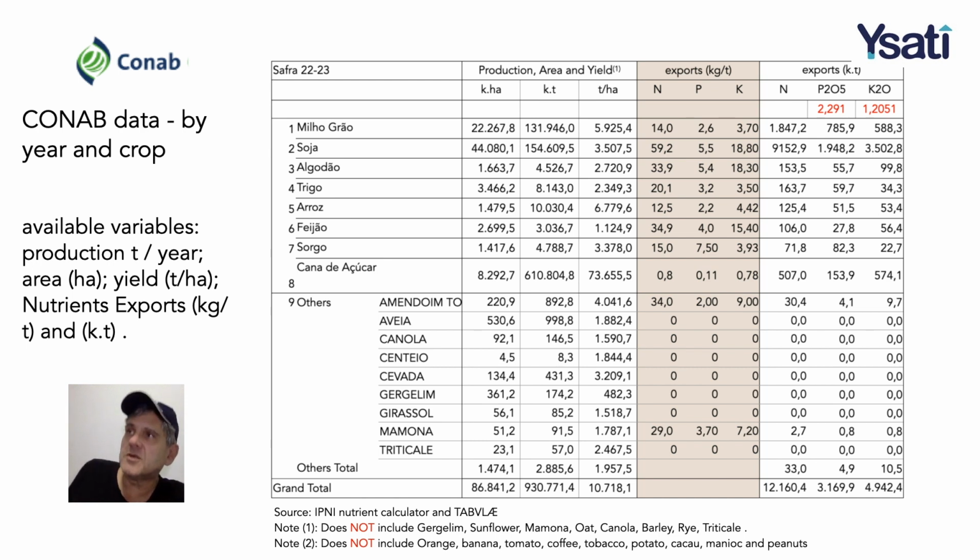So for exports of fertilizers, in terms of nitrogen, there is no difference, but in terms of phosphorus and potassium, we do have a difference. In terms of potassium, we use potassium oxide, and then we have to multiply by 1.2051. In terms of phosphorus pentoxide, we use 2.291 to convert phosphorus to the pentoxide or potassium to the potassium oxide.